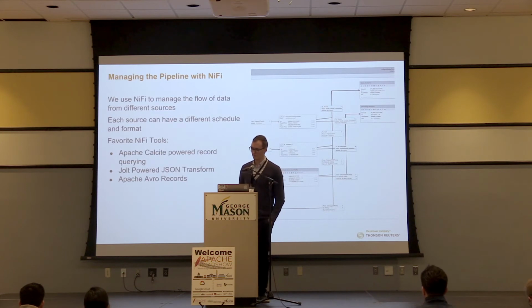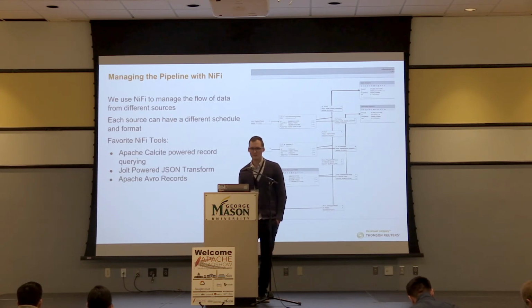I use the Jolt-powered JSON transform a lot to process large JSON documents. And finally, I use Apache Avro to convert a lot of data into a record-oriented format so that it gets a lot less verbose in terms of a data flow, and we can manage it directly in a compact and uniform manner.